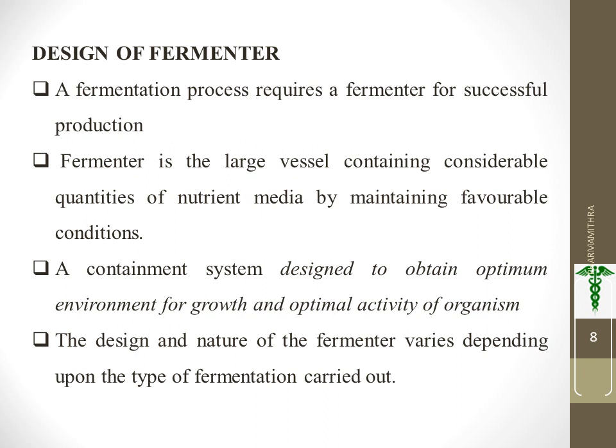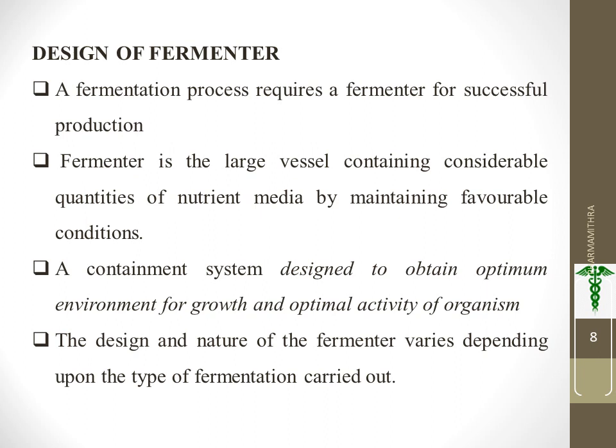Next, we can move to the important part, that is how we can design a fermenter. This is an important topic from the exam point of view. The fermentation process requires a fermenter for successful production. A fermenter can be defined as a large vessel containing a considerable quantity of nutrient medium, maintaining favorable conditions.